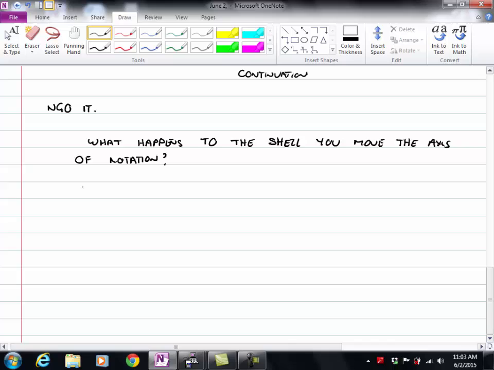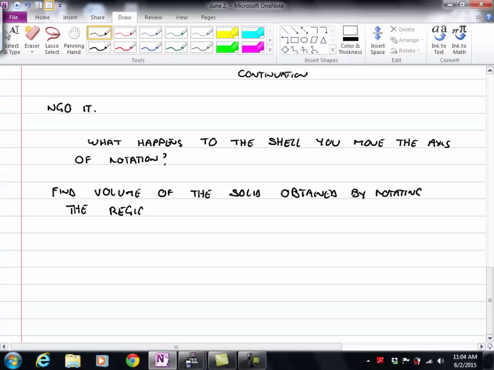Let's say I give you this. Find the volume of the solid obtained by rotating the region y equals x minus x squared, y equals 0, about x equals 2.